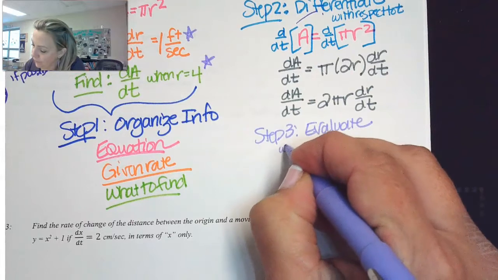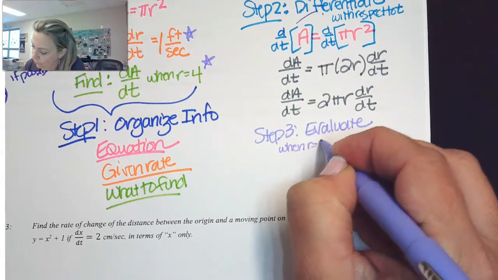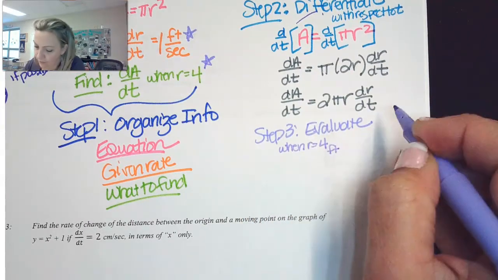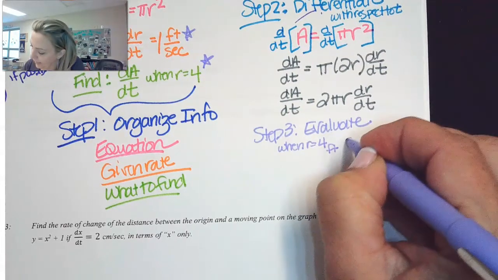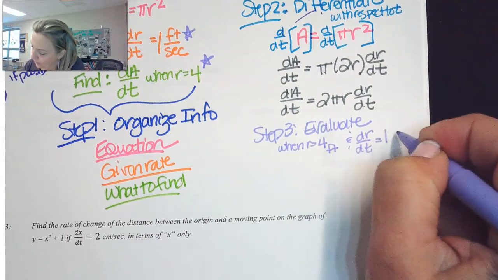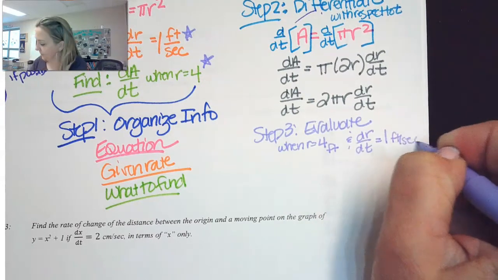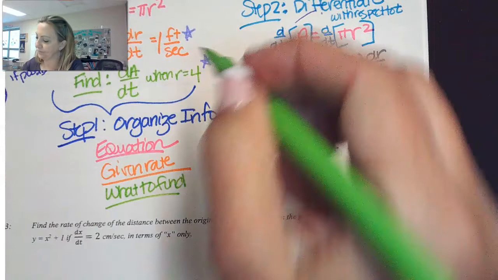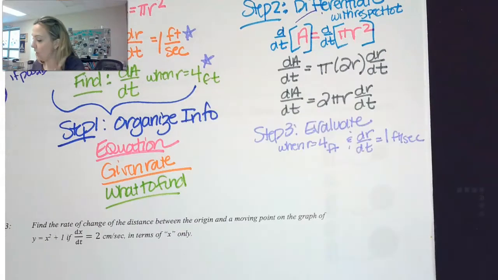So here we're going to evaluate when r is 4 feet. Oh, I should have put feet up there. And the dr dt is 1 foot per second. Sorry. Okay. So let's put that in there.